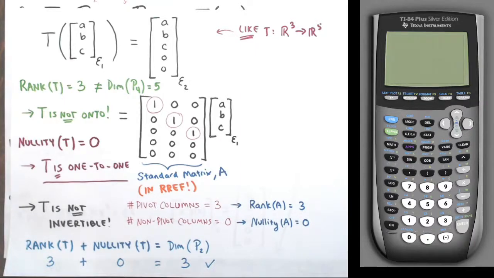And the rank plus the nullity of a linear transformation should always add up to the dimension of the domain. You might want to check all that. Also, once you know rank and nullity, you can very easily state if the transformation is one-to-one or onto or both.